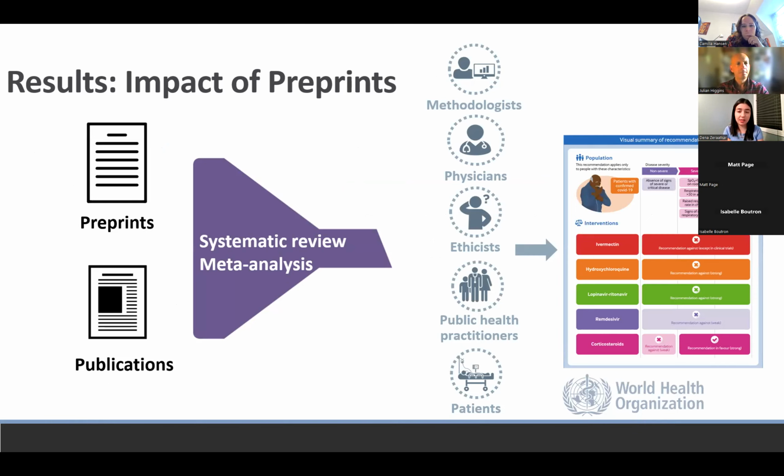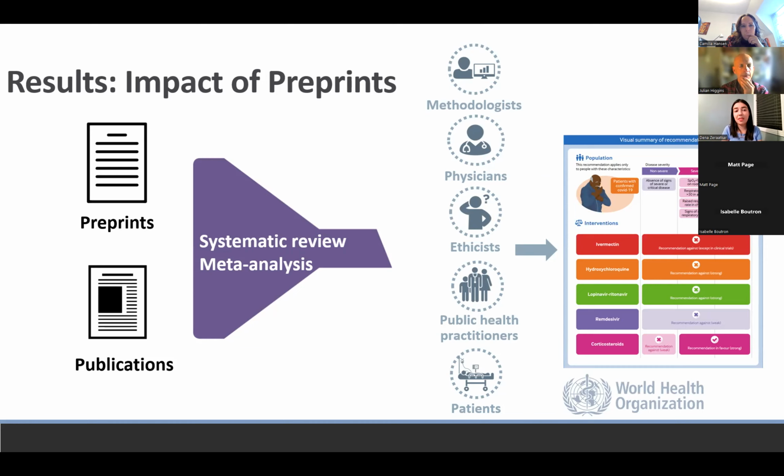And the Living COVID Systematic Review informed the WHO COVID guideline, which is a clinical practice guideline addressing drugs for COVID. In making recommendations for COVID drugs, the WHO guideline considered evidence from both preprints and publications.